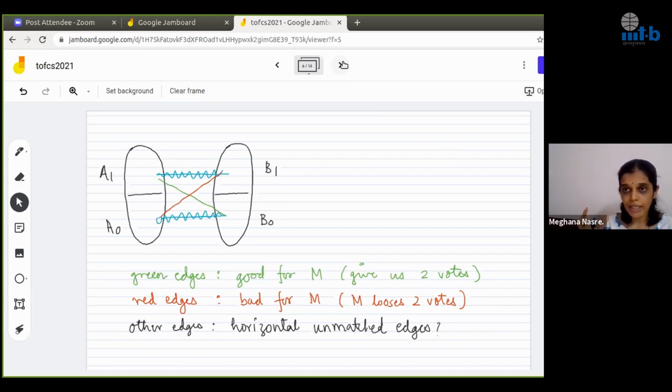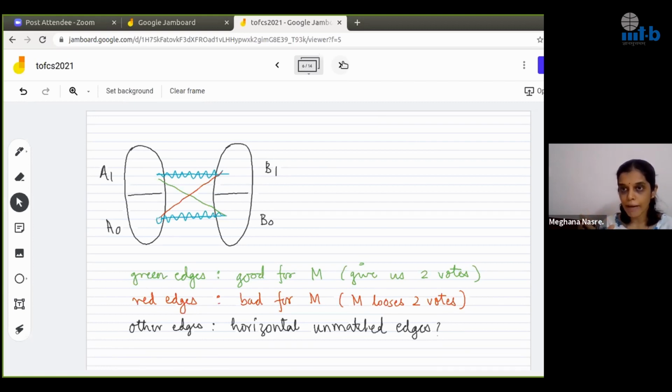So when the increased priority happened, if there were two people with increased priority, the B looked at its own preference list and then simply used that priority. Therefore, an unmatched edge completely contained inside A1 B1 or between A0 B0 is a safe edge. It is not a harmful edge.